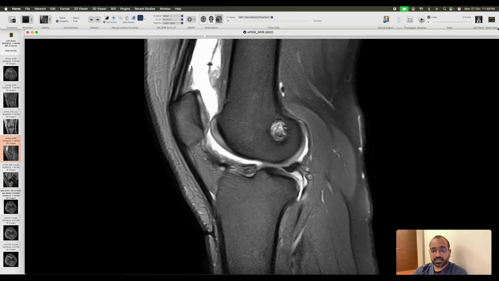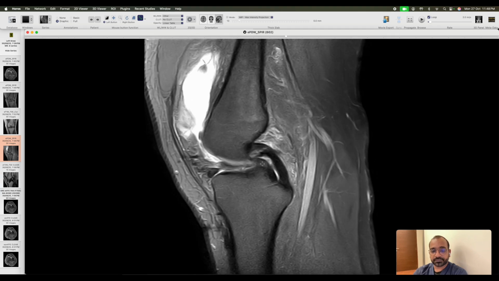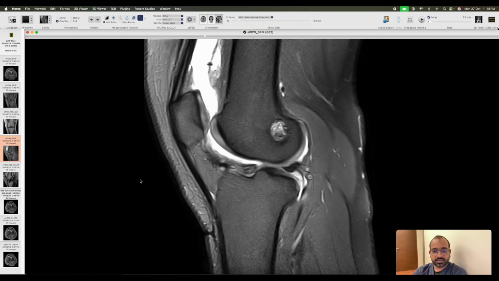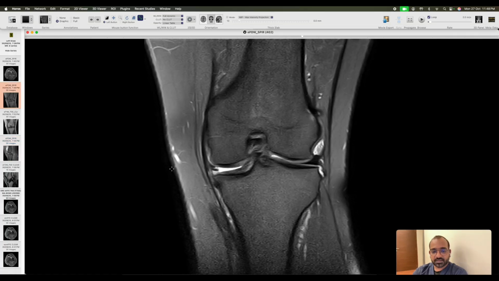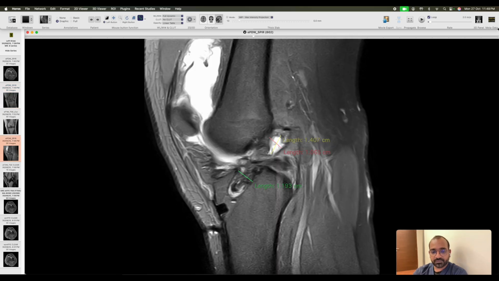So this ACL graft is almost completely torn. There are other pathologies also. There is an associated bucket handle tear, a medial meniscus bucket handle tear. It is almost a full thickness graft tear with graft ganglion formation or cystic degeneration of the graft.